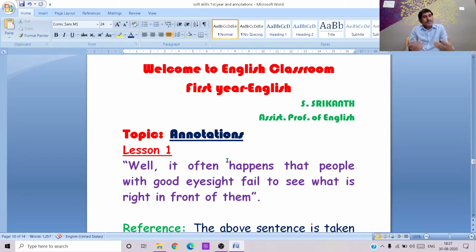The sentence can be picked very randomly, and it is your duty to identify from which lesson it is taken or extracted. First you have to identify.